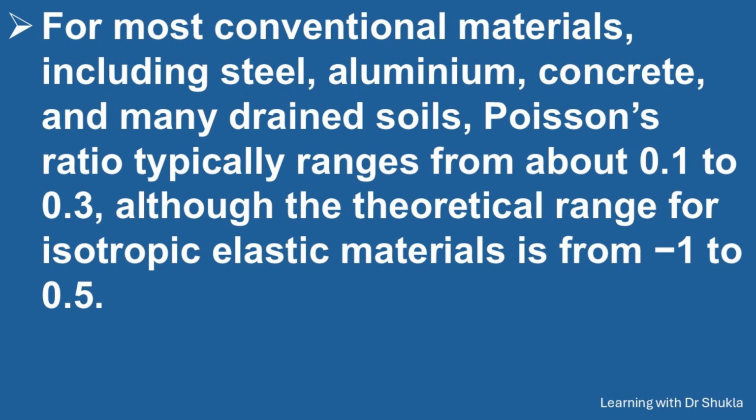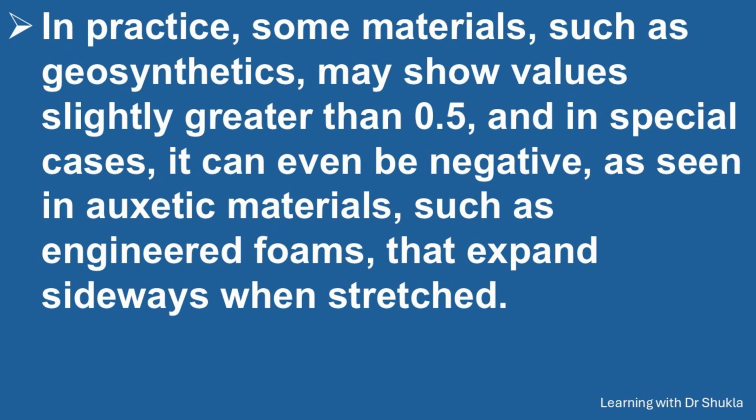For most conventional materials, including steel, aluminum, concrete, and many drained soils, Poisson's ratio typically ranges from about 0.1 to 0.3, although the theoretical range for isotropic elastic materials is from -1 to 0.5.